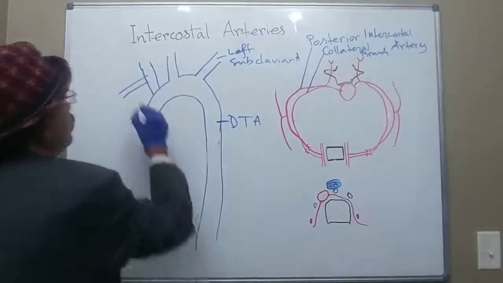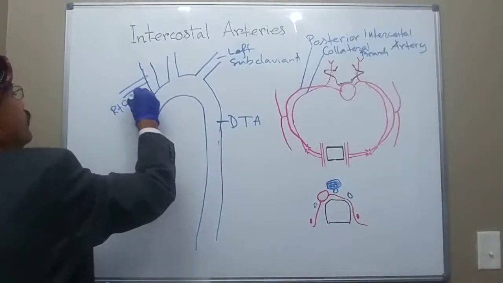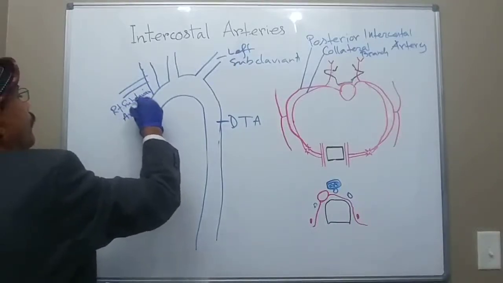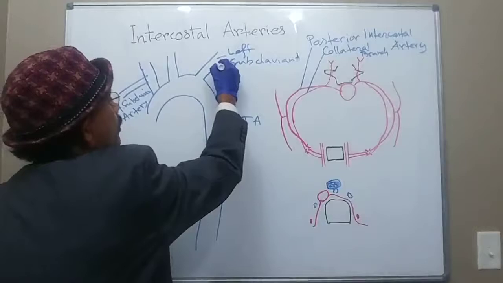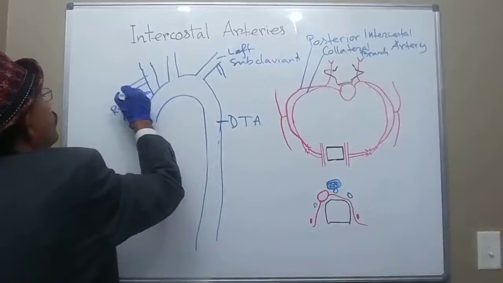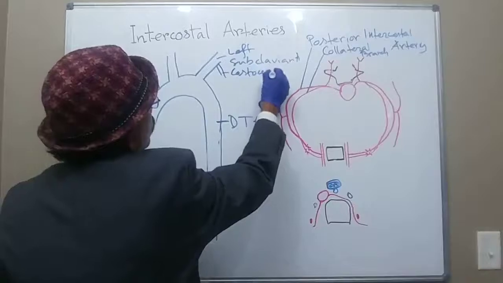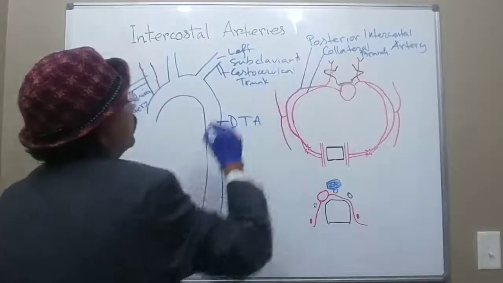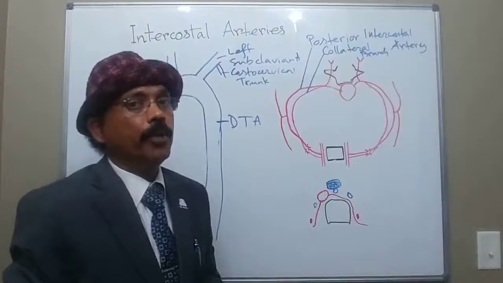Okay, and this is the right subclavian artery. From the subclavian artery, we'll get the costocervical trunk, and that costocervical trunk will provide the superior intercostal artery or supreme intercostal artery.